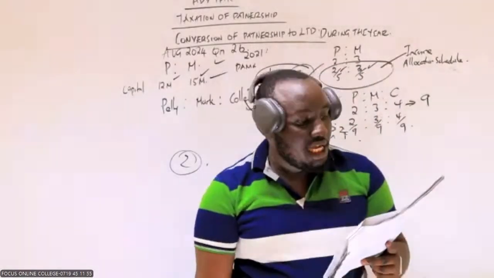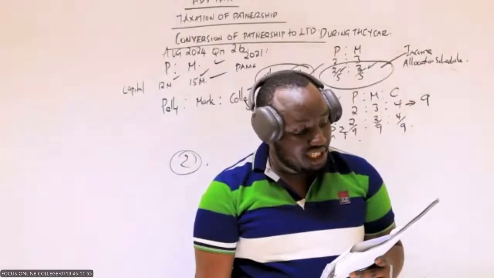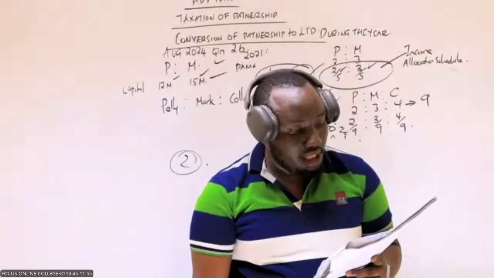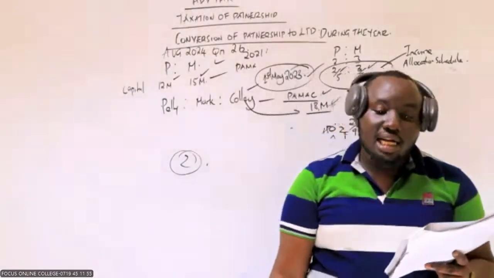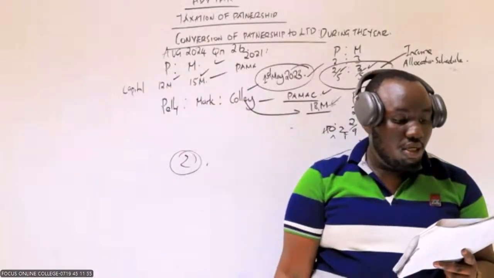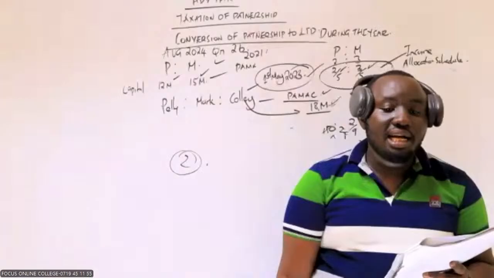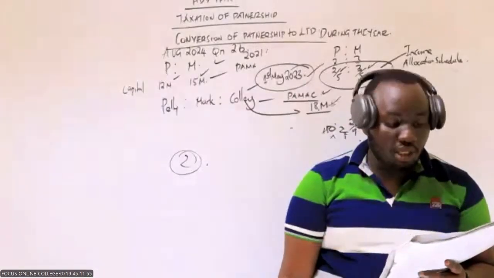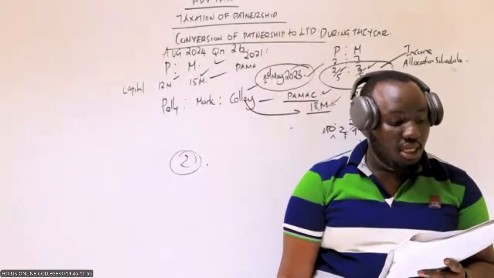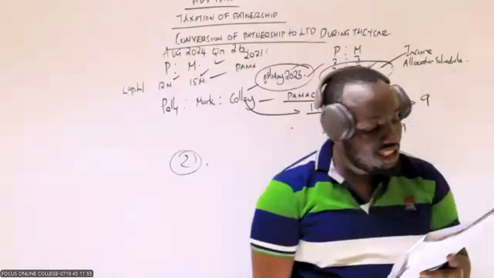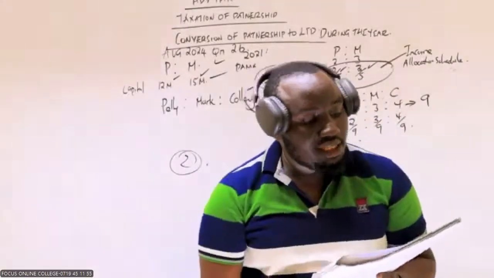So we look at: during the year ended 31st December 2023, partners banked all the cash collection after deducting the following.